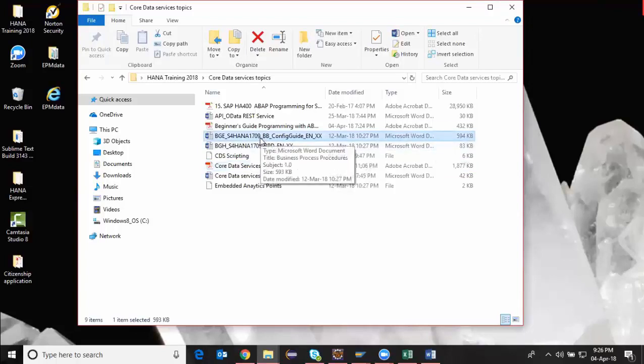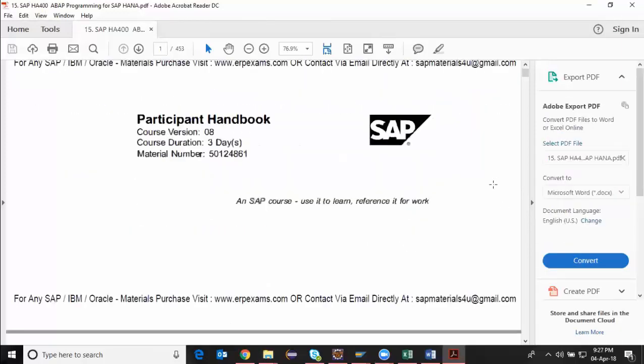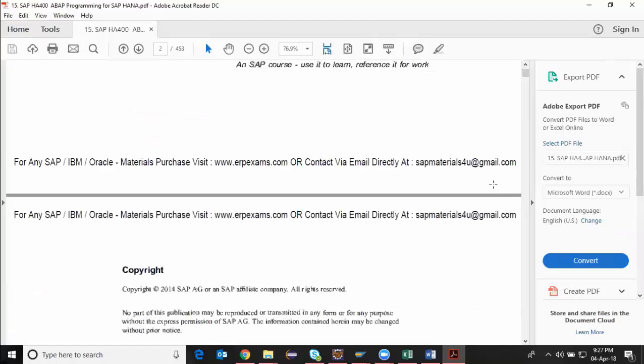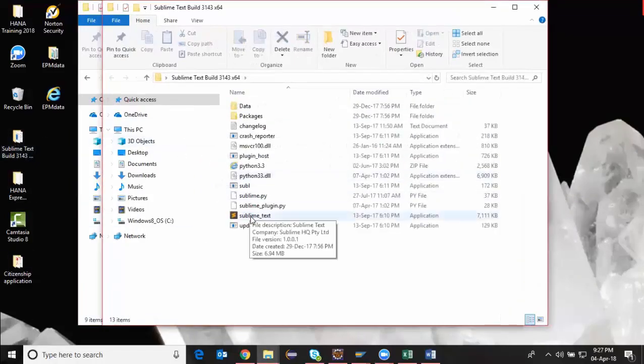I'm going to update them, and it's up to you. And this is the ABAP programming for HANA course book, HA400. So you will see details on CDS and also ABAP managed database procedures, two things. You don't need to get into these details when you are doing it now. For practice, just practice only the examples I'm showing you.